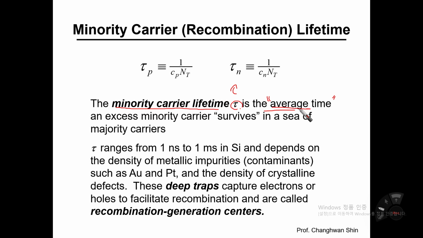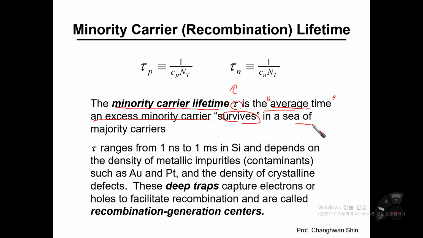Because there is a tremendous amount of electrons and holes available in semiconductors, so we cannot specify the lifetime of a single electron. We should sum them up and average out the lifetime of all the electrons and holes. So we can say that the minority carrier lifetime is the average time an excess minority carrier survives.